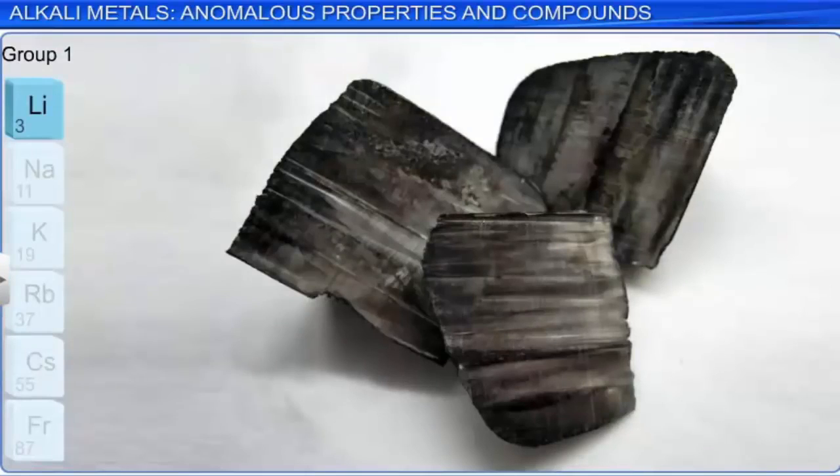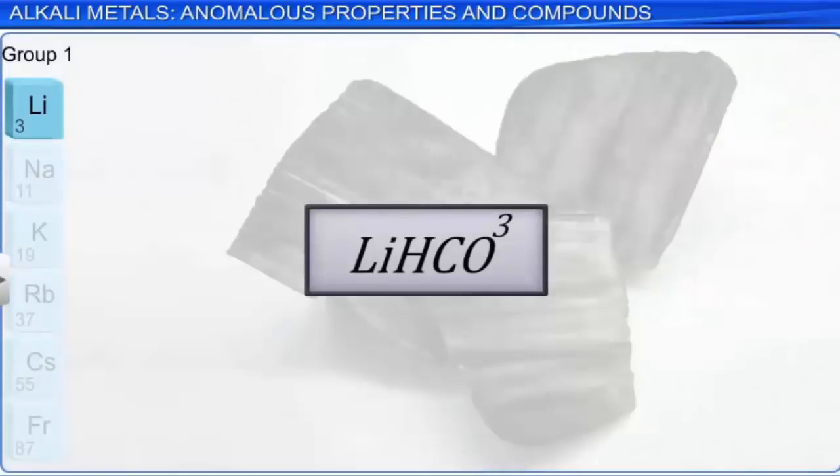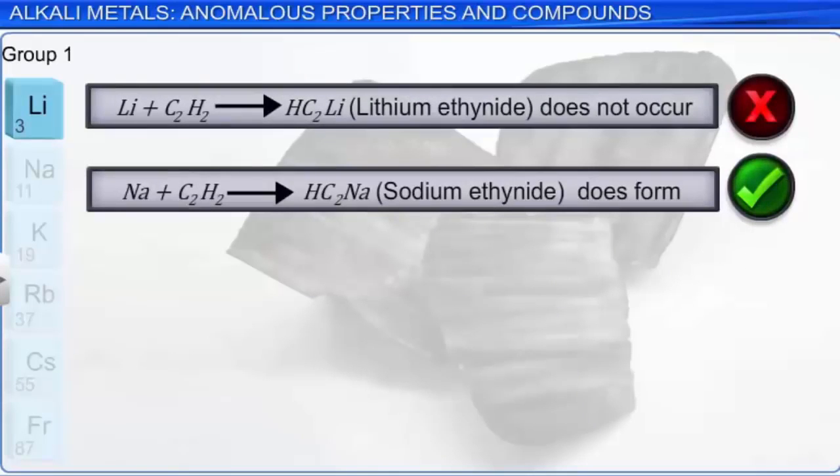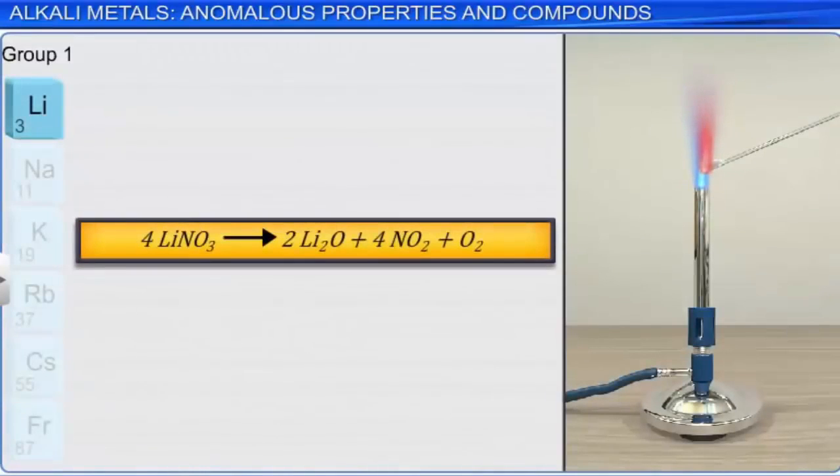Its compound with the hydrogen carbonate ion is not isolated in the solid state. It does not form an ethanide compound when reacting with ethine. When lithium nitrate is heated, the decomposition reaction results in lithium oxide. However, other alkali metal nitrates form nitrites when heated.